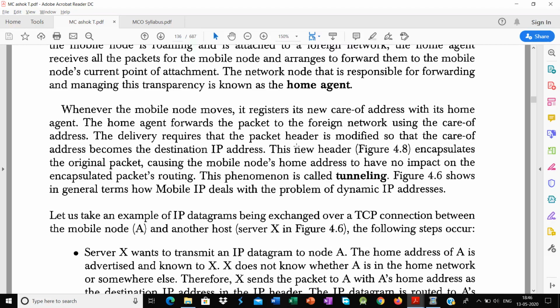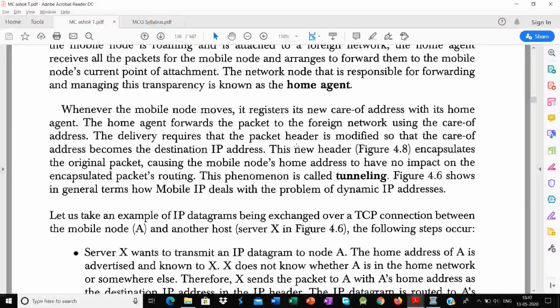The header encapsulates the original packet, causing the mobile node's home address to have no impact on the encapsulated packet routing. This is where tunneling comes into the picture. Okay, so this phenomenon is called tunneling.